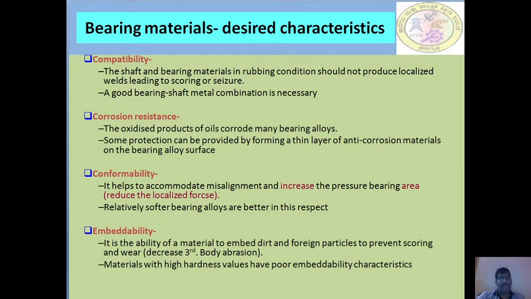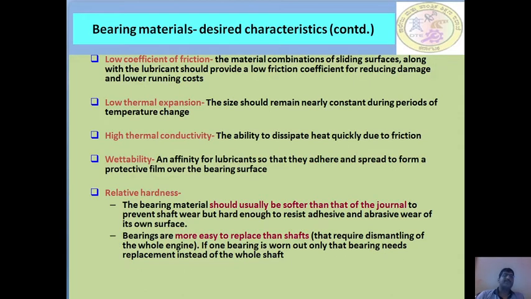a normal, optimum range of hardness values for the materials in order to have good embeddability characteristics. And low coefficient of friction: the material combinations of sliding surfaces along with the lubricant should provide low friction coefficients for reducing the damage and lowering running costs, because if the material possesses a lower coefficient of friction, then the amount of heat generation should be less.